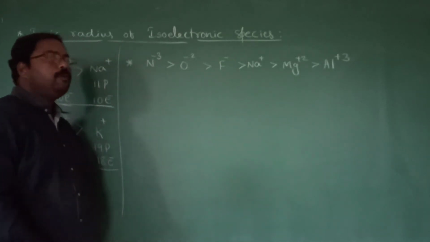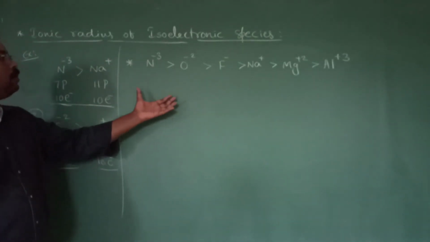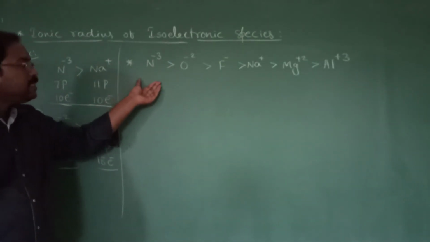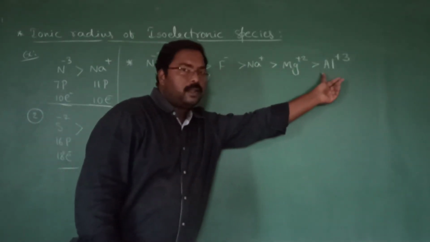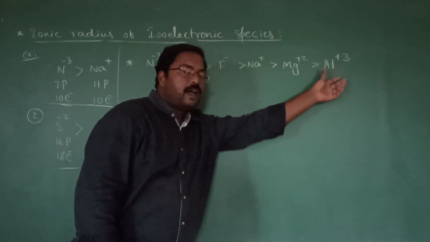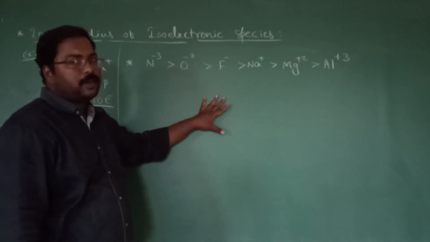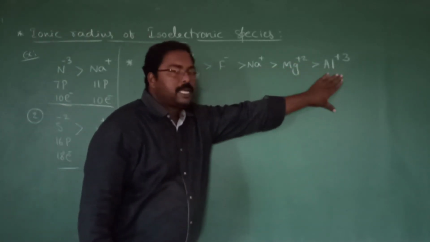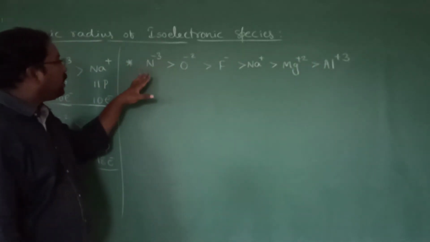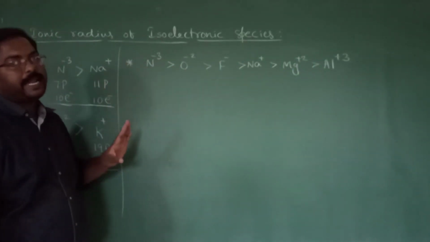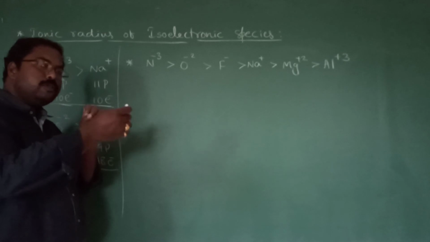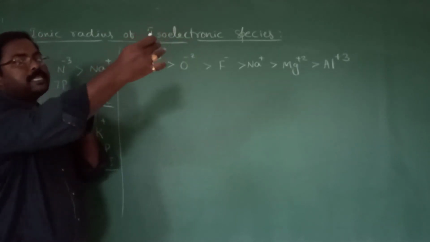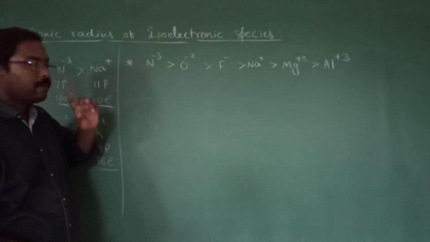Okay? Don't try to learn the order by heart. We all know the reason why this is larger in size than this one. Okay? In atomic number 13, all these contain 10 electrons only. Okay? We already discussed previously. Now 13 protons are there. Now here 7 protons only attracting the 10 electrons. Okay? So nucleus and the electron cloud distance is more, so size is more.